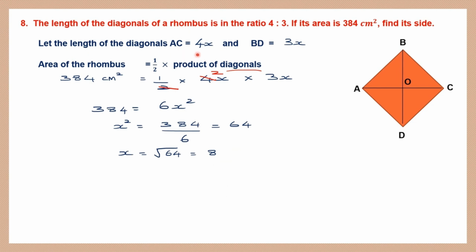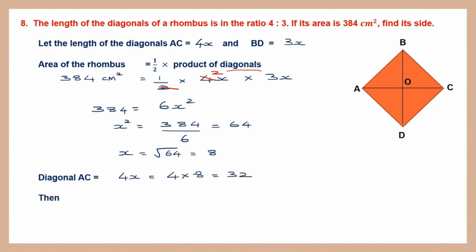Now we can find the length of the diagonals AC and BD. Diagonal AC is equal to 4x. And that is 4 into 8, which is 32.